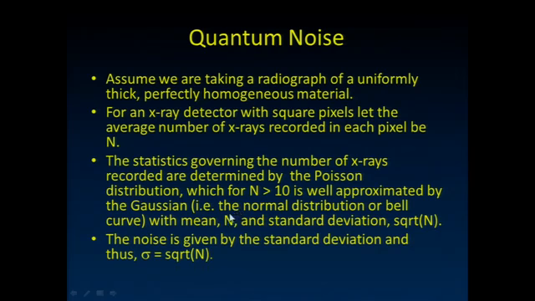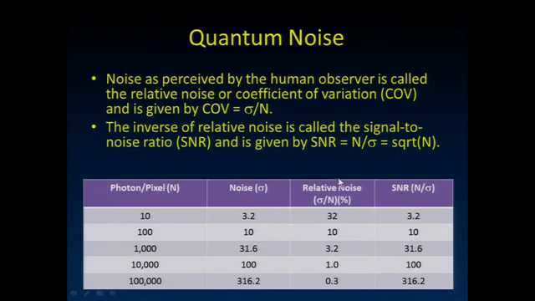It has a mean of n and a standard deviation of square root of n. So what's interesting for these statistics is that if you tell me the average number of X-rays that entered a particular picture, that would tell me both the mean as well as the standard deviation, because the standard deviation is just given by the square root of n.